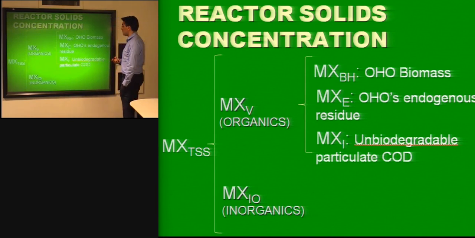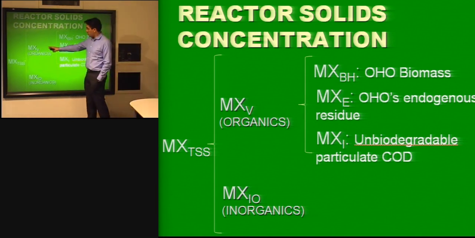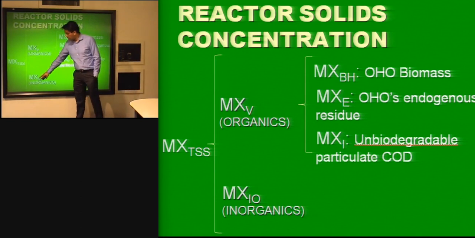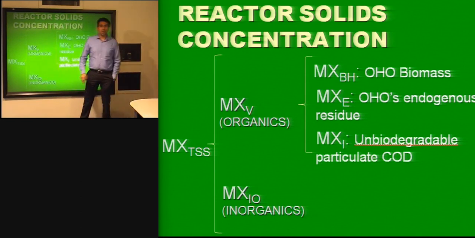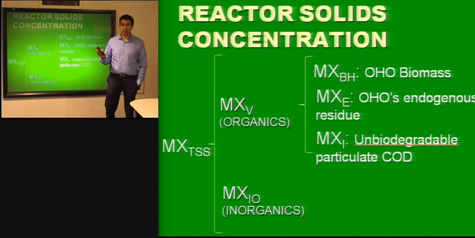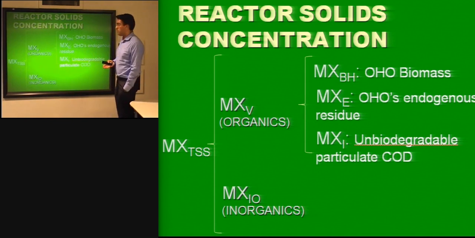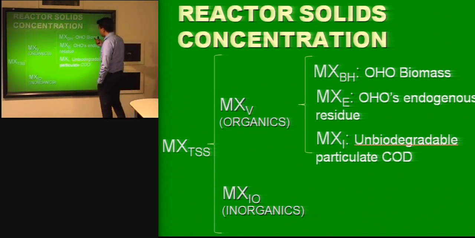Those solids can be of organic origin or inorganic origin. Those elements that proceed from the organic origin will be basically the new biomass of ordinary heterotrophic organisms that will grow on the biodegradable organics present in the wastewater and in the fecal sludge, creating certain active biomass, certain organisms that are removing the organics.